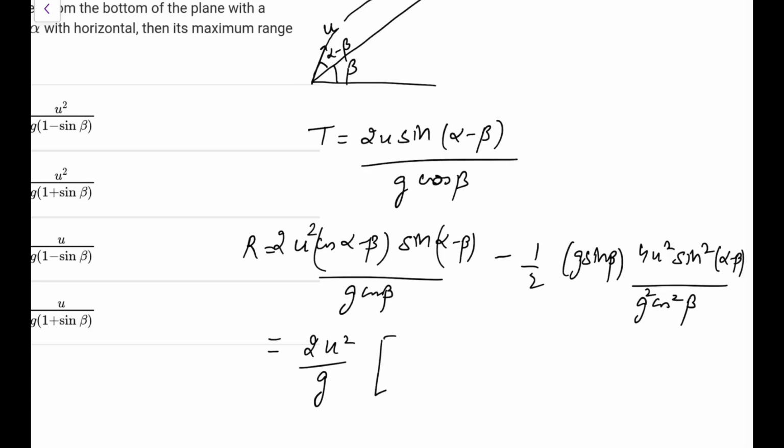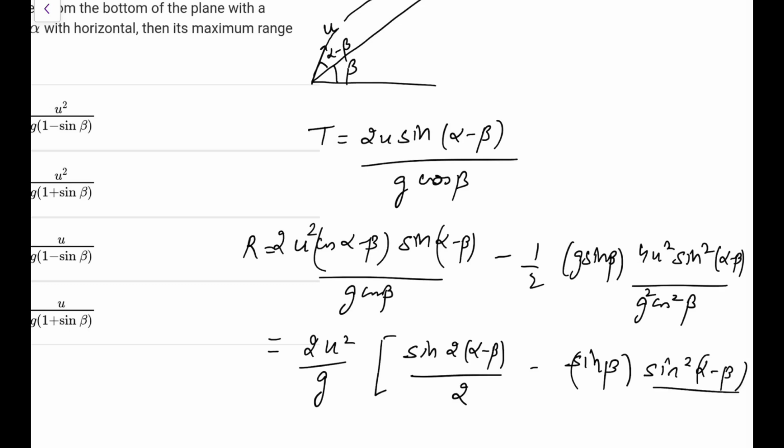This would be sine of alpha minus beta into cos of alpha minus beta. So if I write it as sine of alpha minus beta into cos of alpha minus beta, it will become sine 2 times alpha minus beta by 2, and it would be sine beta into sine square alpha minus beta upon what you will have, and this was cos beta here also, it would be cos square beta.